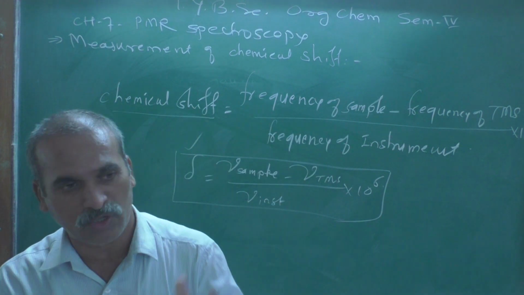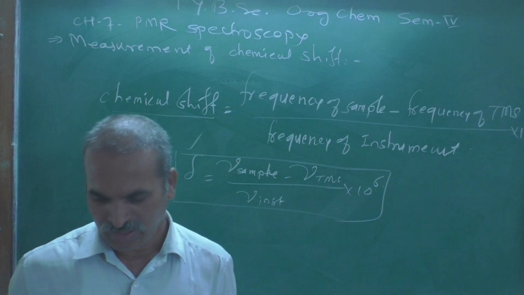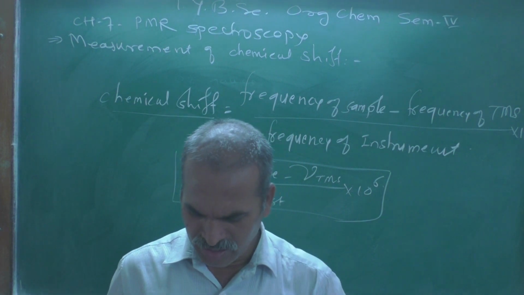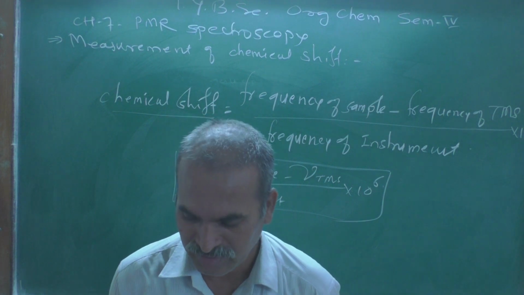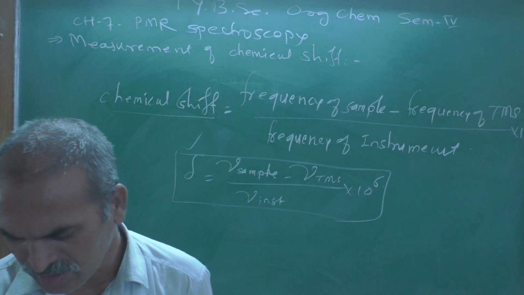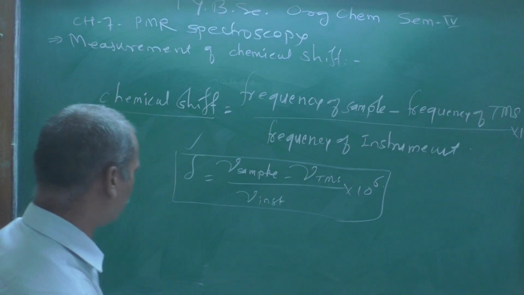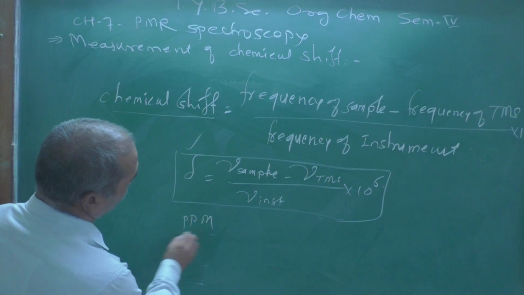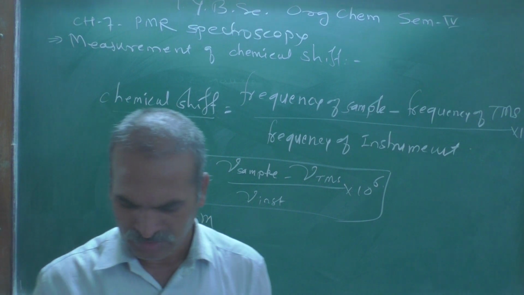Delta is the symbol for the chemical shift, and the chemical shift delta is dimensionless and is expressed in parts per million, ppm.